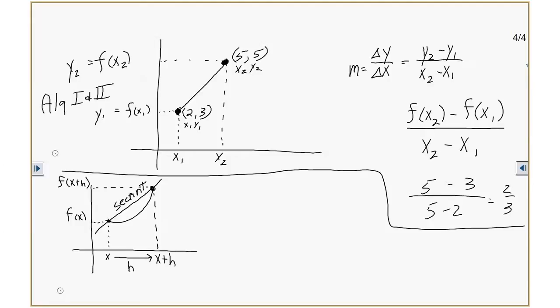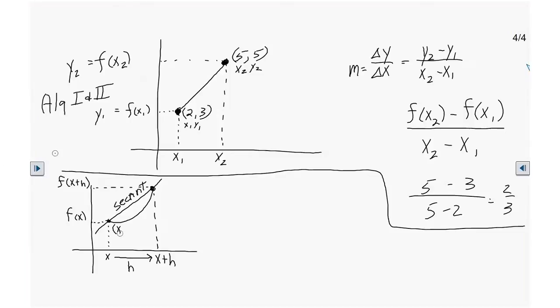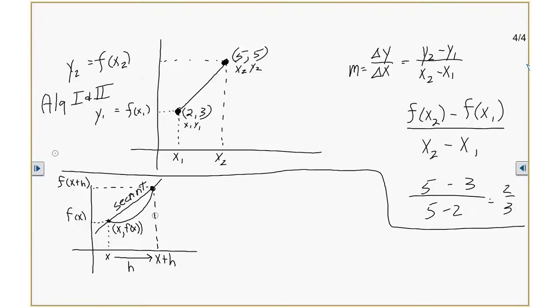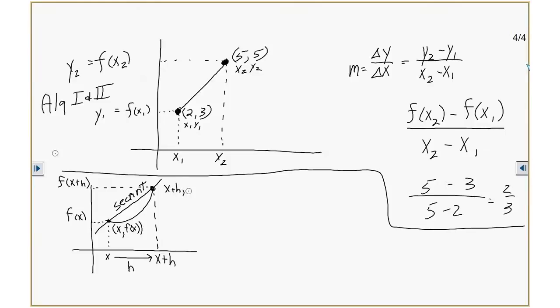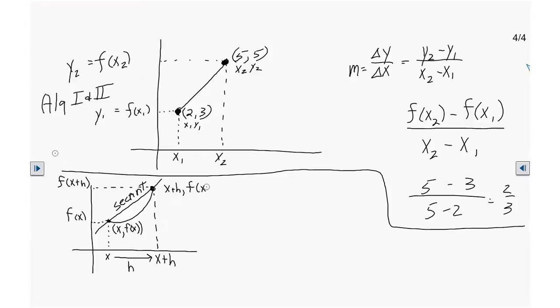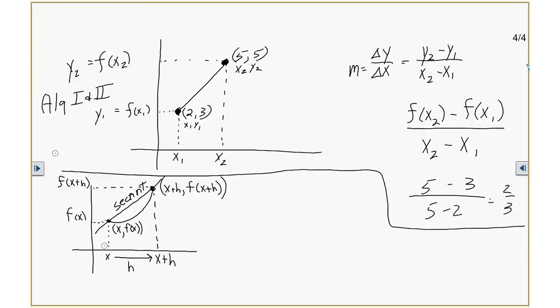So this point right here is (x, f of x). And this point is x plus h and f of x plus h. Everybody with me? That's the point here, and this point here.